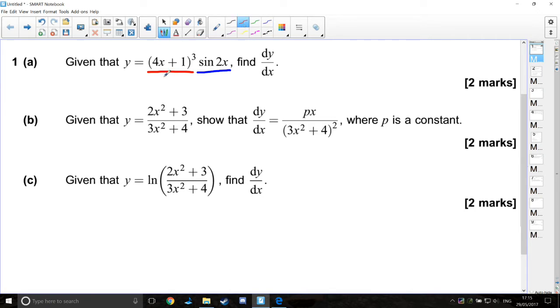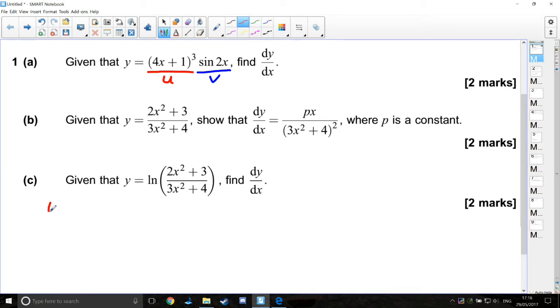So we can call this u and this v. The product rule is u times v dash plus v times u dash, and I'll write that out so we've got all the bits and pieces that we need.